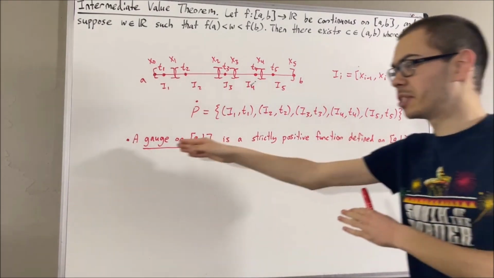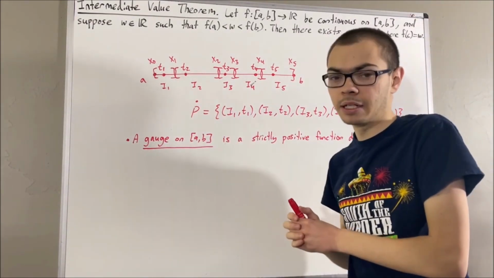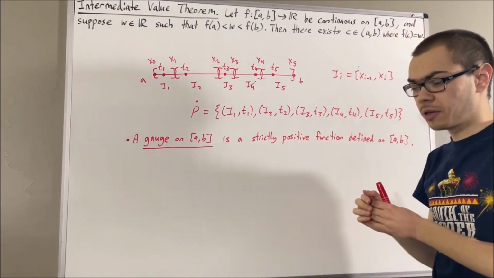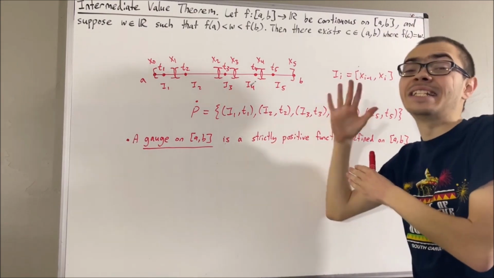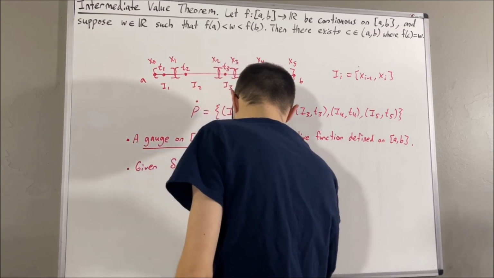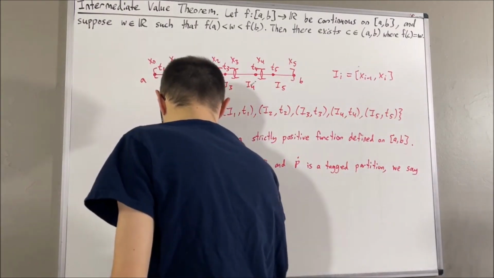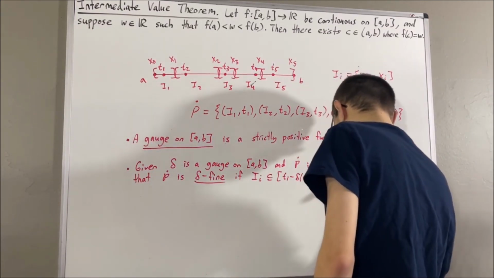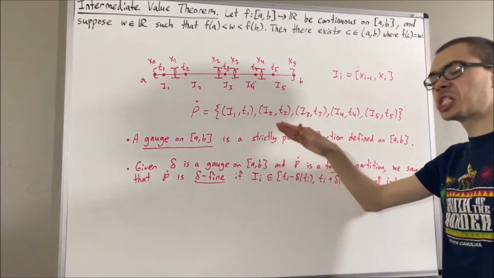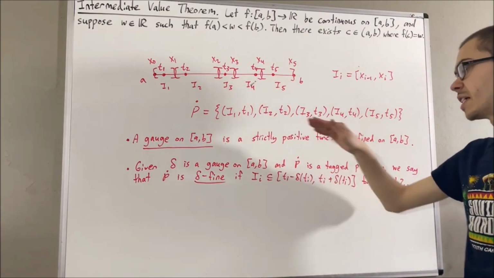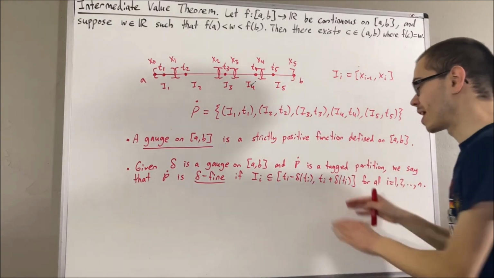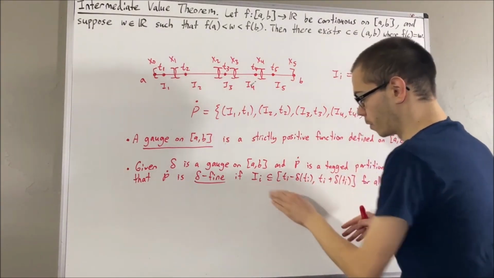Now, given that delta is a gauge on [a, b], and P is any tagged partition of [a, b], then we say that P is delta fine if the following is true. We say P is delta fine if each subinterval of the partition is a subset of this interval, which is an interval centered at the tag of the subinterval.